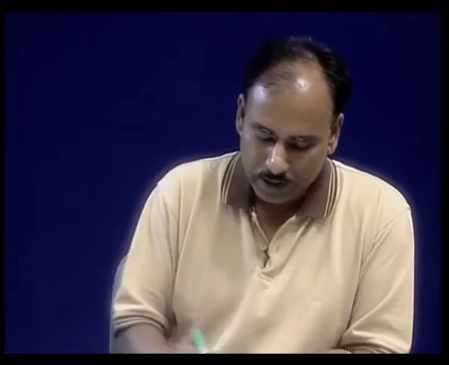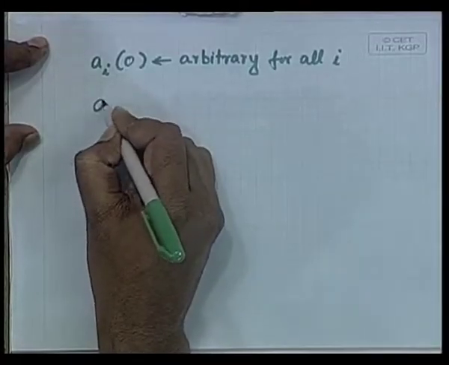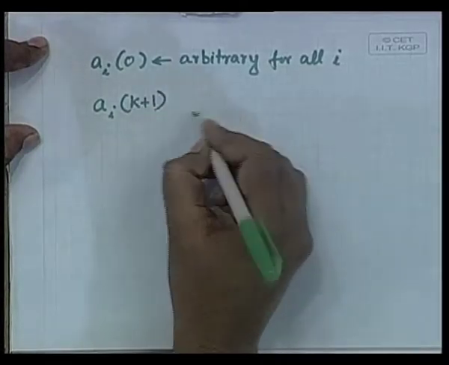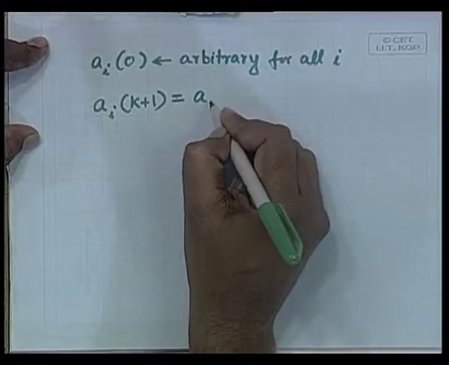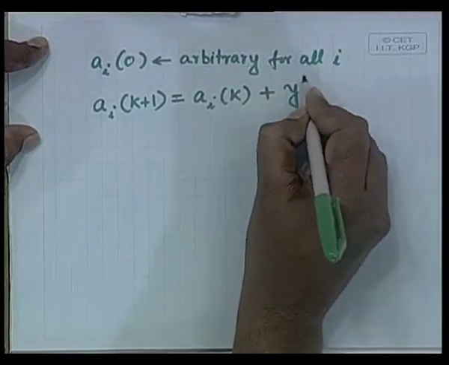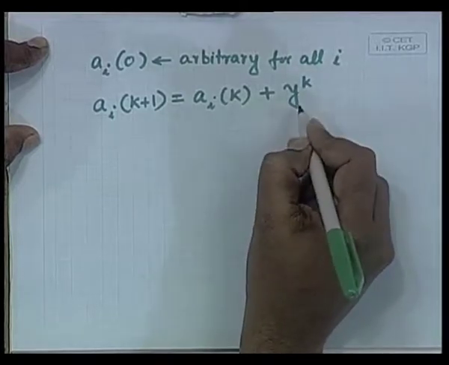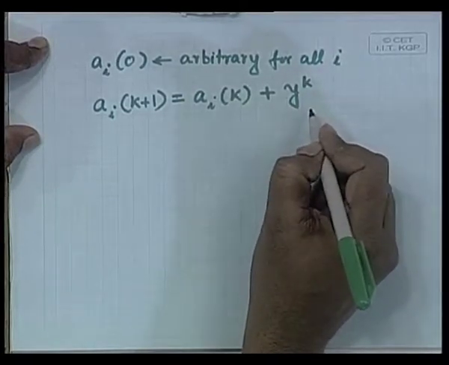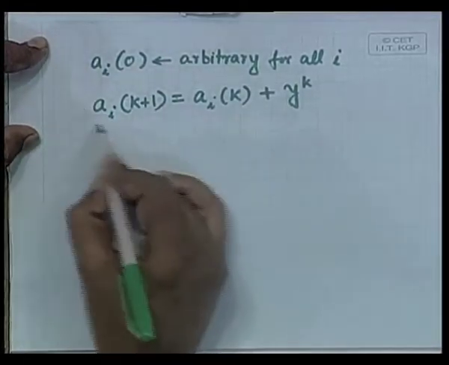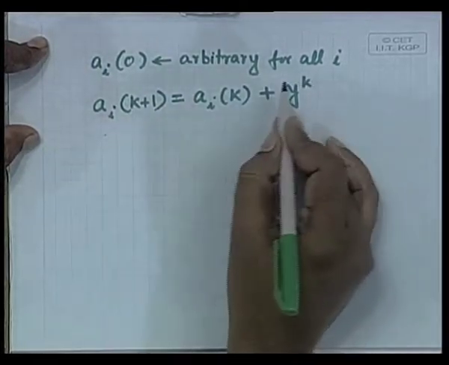So, that weight updation rule will be a_i(k+1) is equal to a_i(k) plus y_k, where this is the sample which is misclassified. And this is what we have obtained using our perceptron criteria earlier.